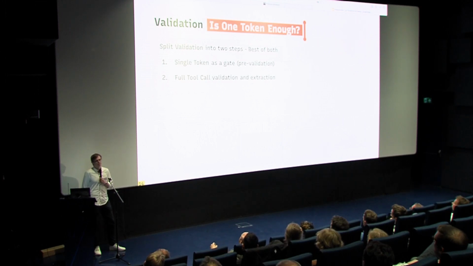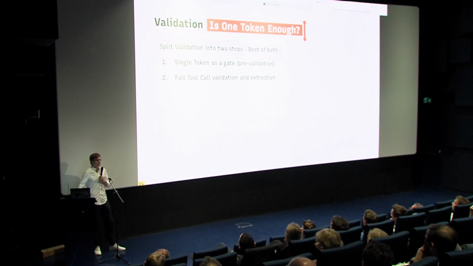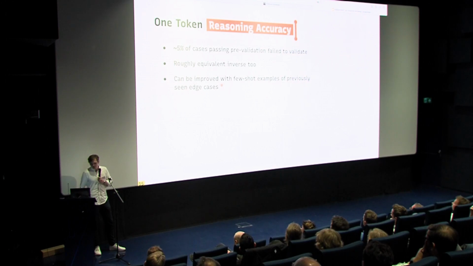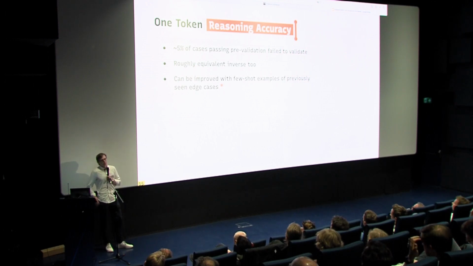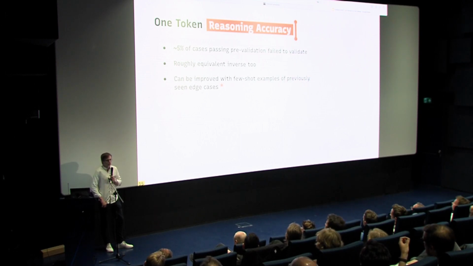But what about accuracy? Again, we've said that reasoning takes a good number of tokens to do well. So does that suffer as well? Well, also rather surprisingly, not quite as much as you would think. The single token reasoning performance is within about 5% of your full reasoning in either direction.